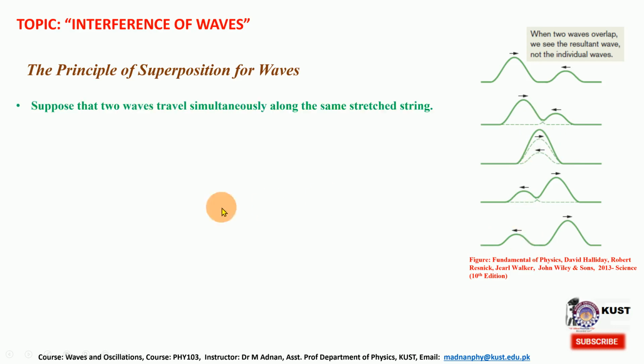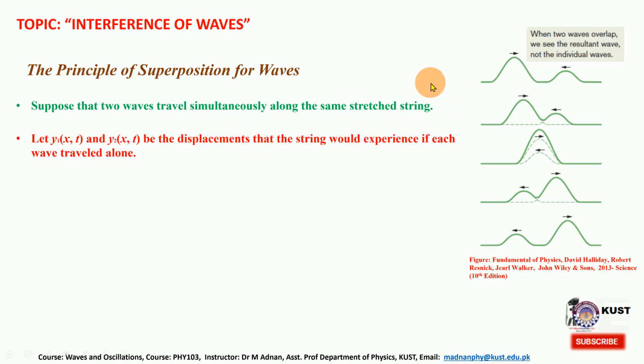Now, suppose that two waves travel simultaneously along the same stretched string, as we have discussed for waves on a stretched string. Now we have two waves approaching a point, that is, those waves will pass through that point.